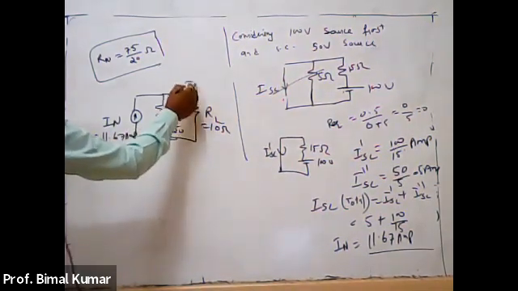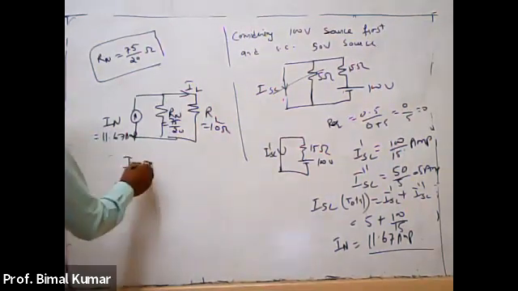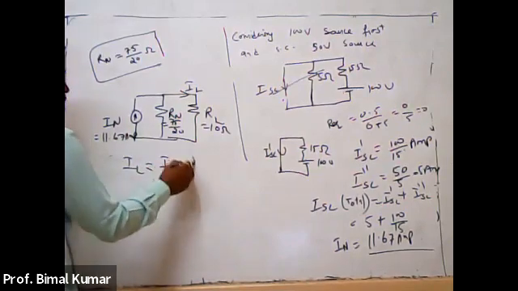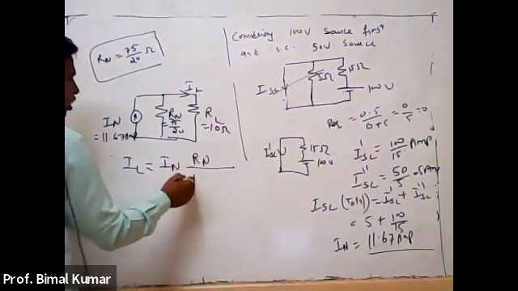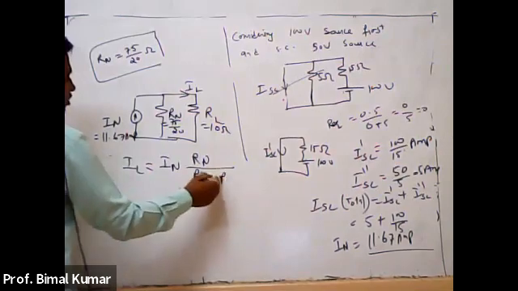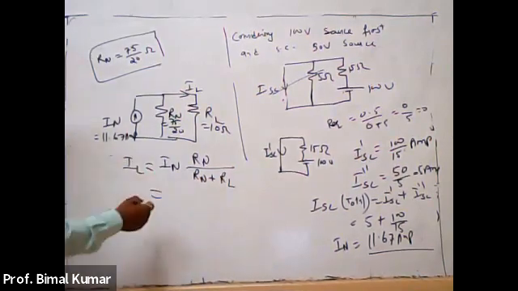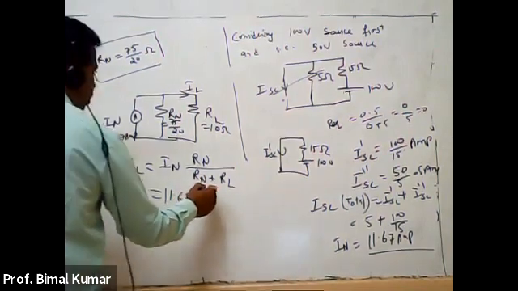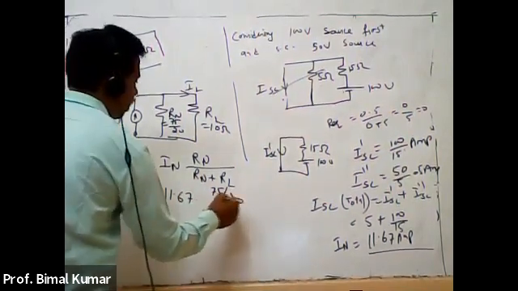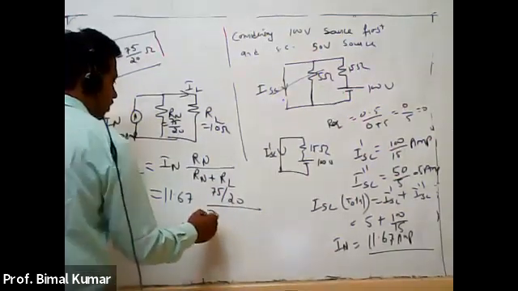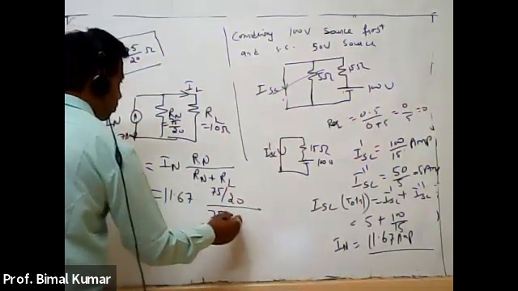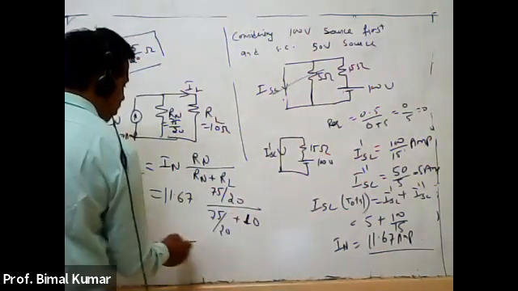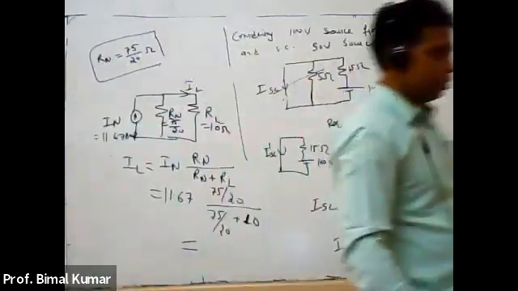Here I am going to calculate IL. So IL is equal to IN into RN divided by RN plus RL. Substitute all those values. 11.67 into 75 by 20 divided by 75 by 20 plus 10 ohm. So you may calculate it.